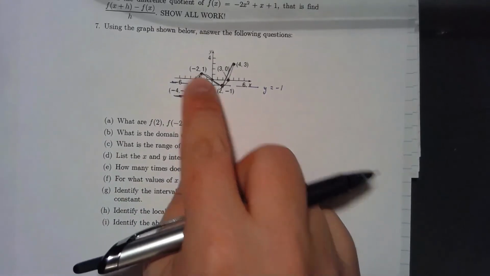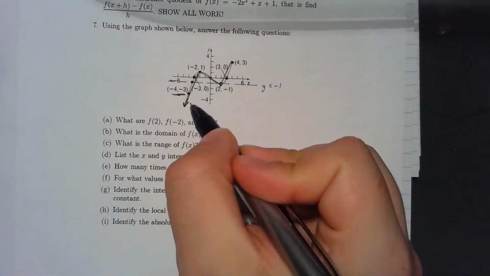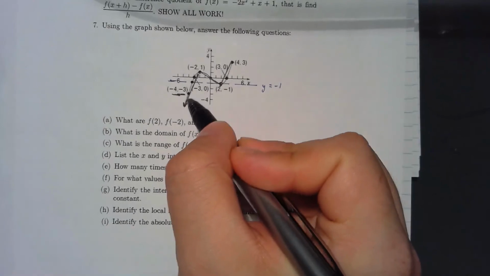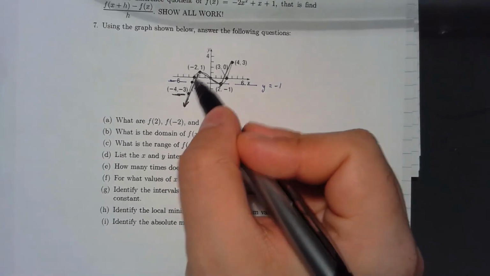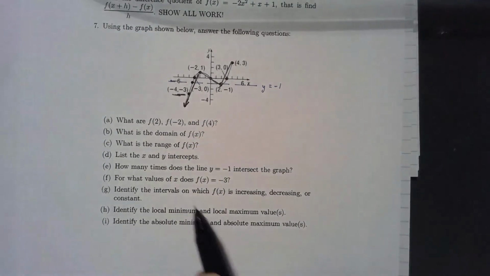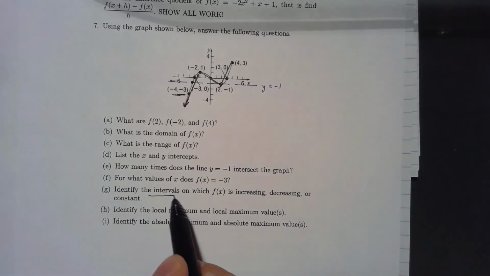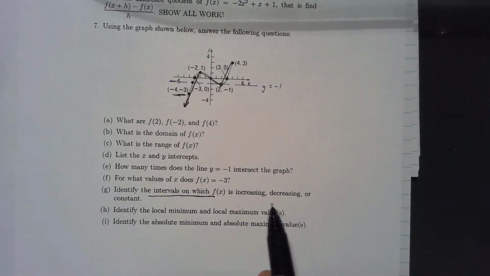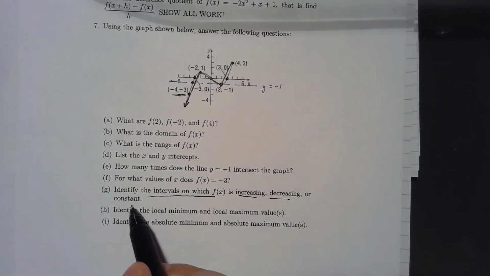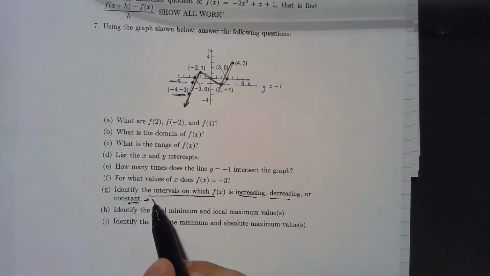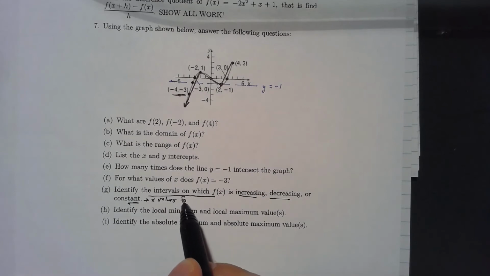The intervals on which this is increasing are the intervals that are going up. So this interval right here, well, when I'm talking about the intervals, I'm talking about the x values. So identify the intervals on which f of x is increasing, decreasing, or constant. So I'm talking about the x values there for f of x.